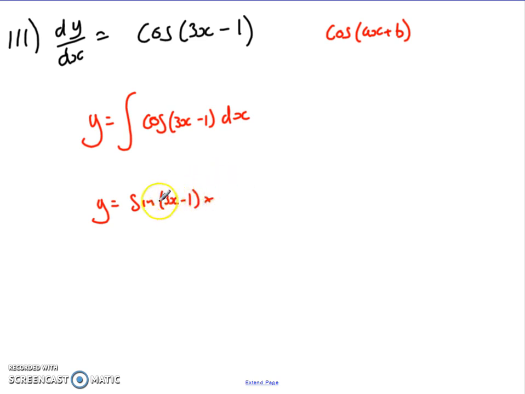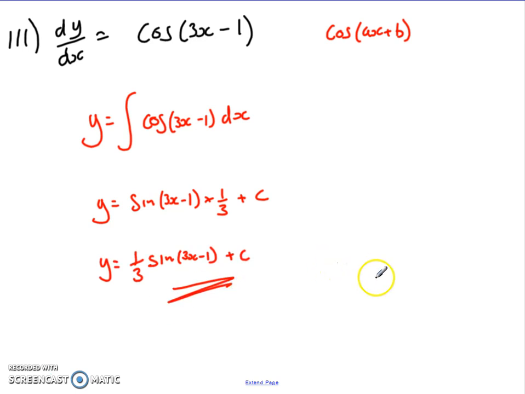We then have to multiply by 1 over the coefficient. The coefficient of x is 3, so times by a third. We then have to add plus c, and we can finish by simplifying it. So it's 1/3 sine of 3x minus 1 plus c. There we go, that's what we've got to be able to do.